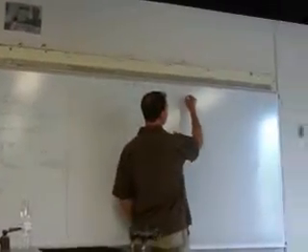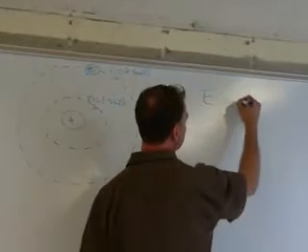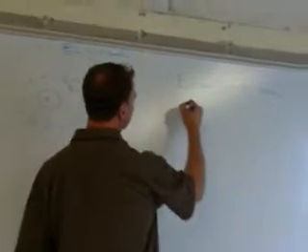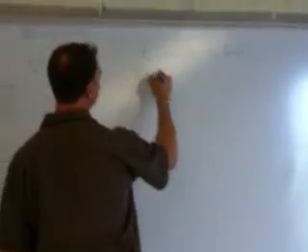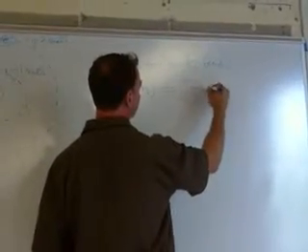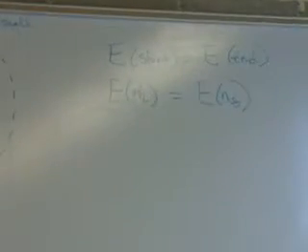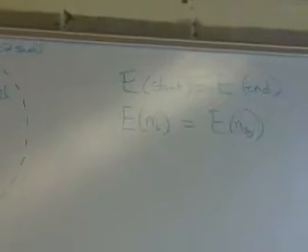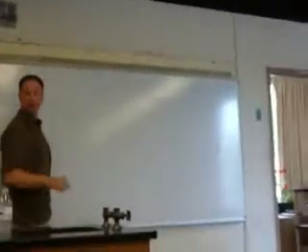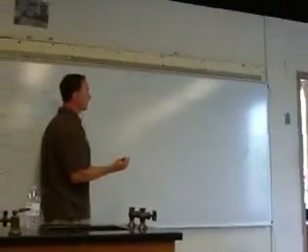Okay, so what does conservation of energy say? The E that you start with has to equal the E that you end up with. So if I start with the energy of n initial, it equals the energy of n final. Well, what was the other postulate of Bohr? When an electron in an atom makes this transition, what happens? It doesn't radiate here, doesn't radiate here. It radiates when it transitions.